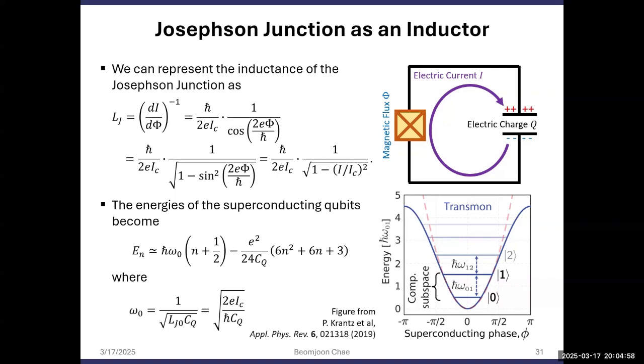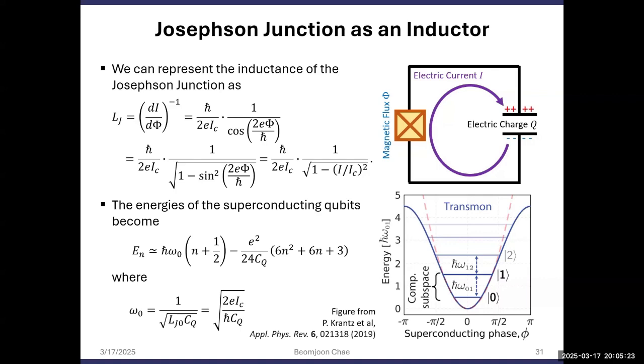So that is why the Josephson junction is called a nonlinear inductor. As we can expect, the energy level of the Josephson junction is not the same as the one for the original LC resonator.